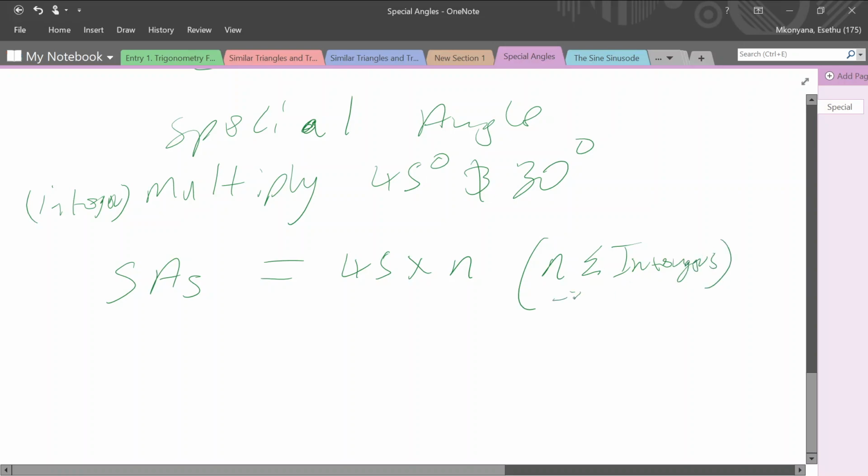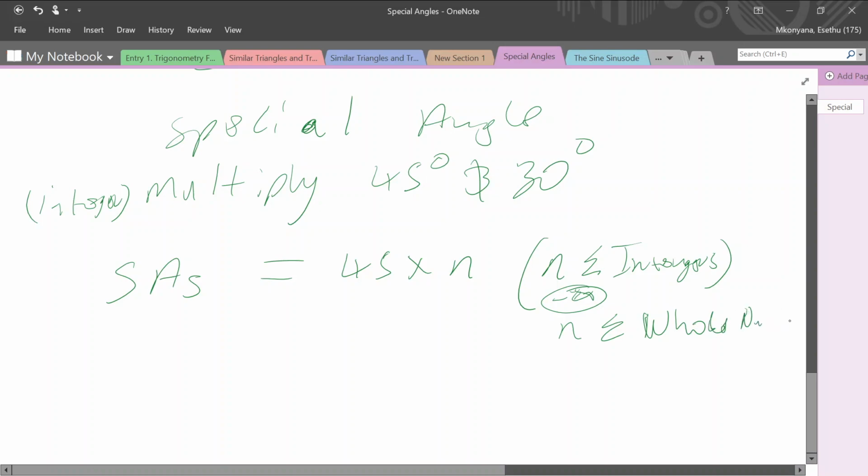We can start from negative infinity and go on and on. Or we can neglect the negative side because I don't want us to talk about it now, and just start from positive. If we start from positive, they're still integers, but only whole number integers. So n is an element of whole numbers.